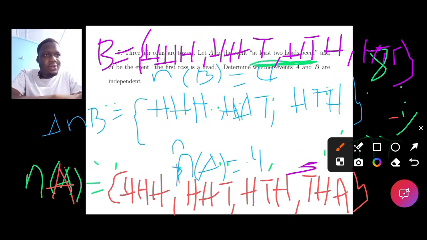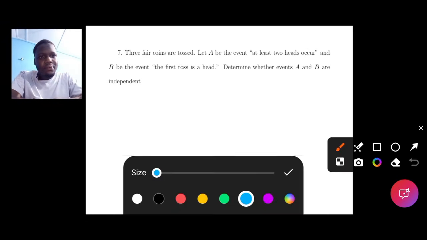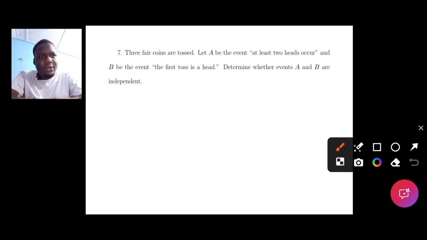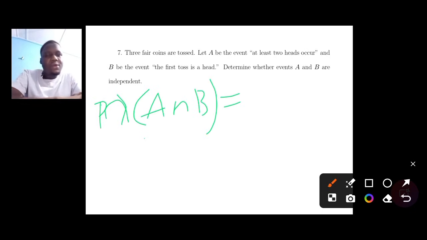Let me clear this page because it's too messy. Now, for A intersection B, we had 3 outcomes.